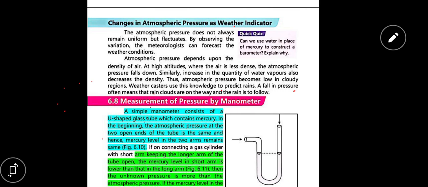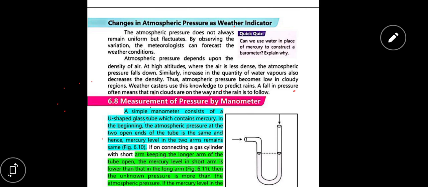So at a higher altitude, means height, the density of air decrease, and the space is covered by the moisture. And that's why you can say that there will be a rain. And if it's a cloudy weather, so the density of the air will be less than the normal.